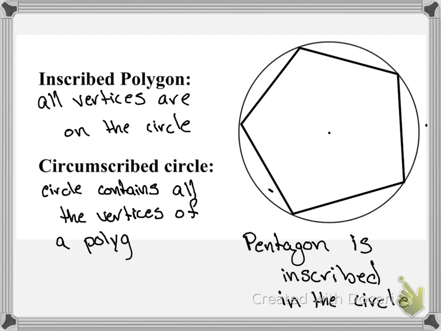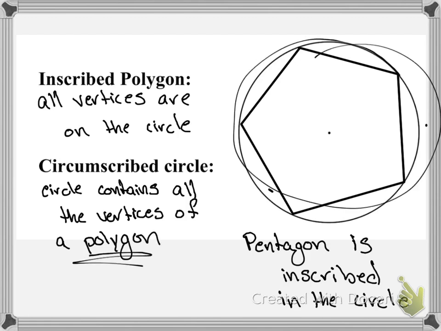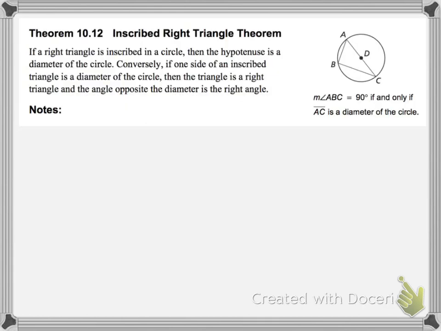So if a circle contains all the vertices of a polygon, then we say that the circle is circumscribed about it. It just depends on whether you're talking about the polygon, which is inscribed inside the circle, or the circle, which is circumscribed about that polygon.